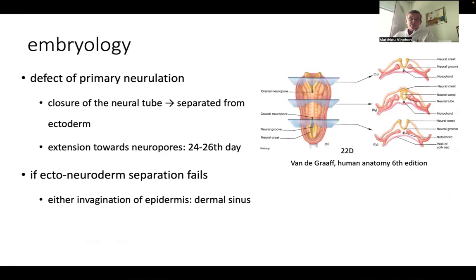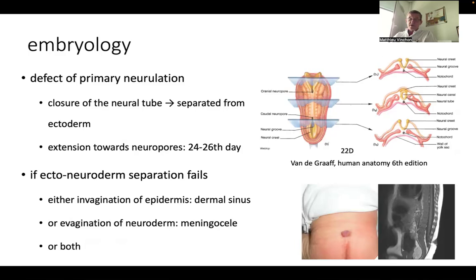If the ectoderm-neuroderm separation fails, we can have either invagination of the epidermis, which gives the dermal sinus, or evagination of the neuroderm, which gives the meningocele, or you can have both, like in this case, where you have a small lumbosacral mass associated with a fistula. It can happen in other places of the midline, as you will see.